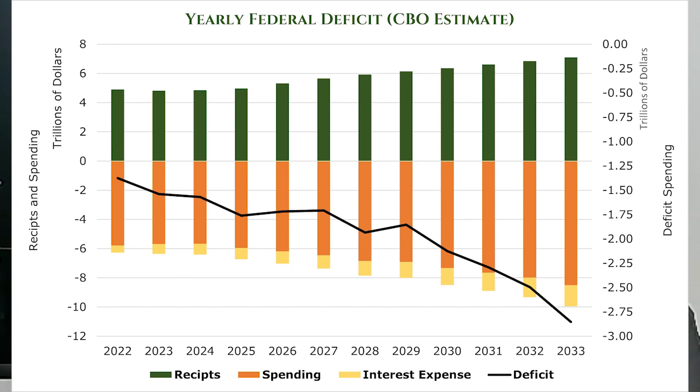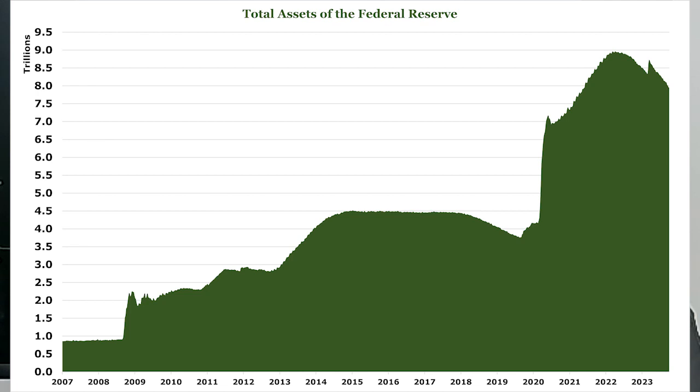The other item is that the Federal Reserve has reversed quantitative easing. Back in 2008, the Federal Reserve's balance sheet was around $800 billion. By April of 2022, it had surged to nearly $9 trillion.